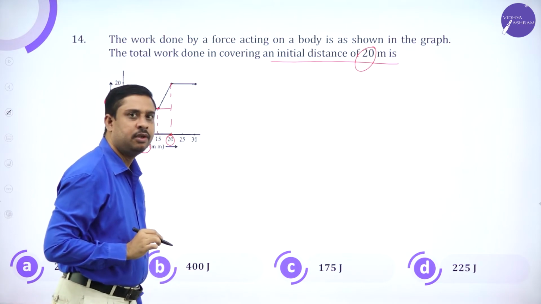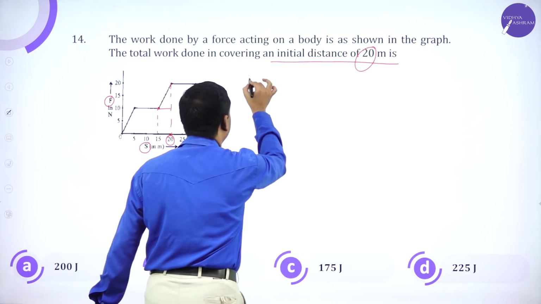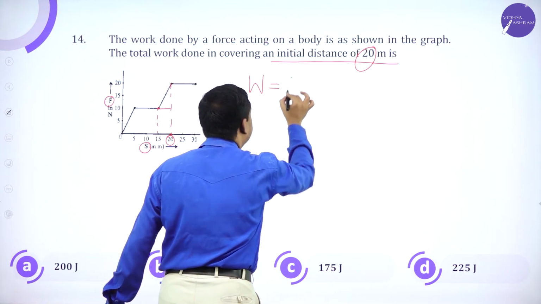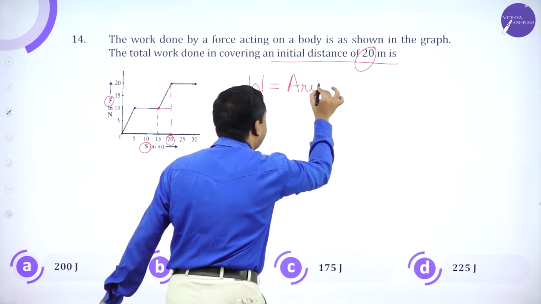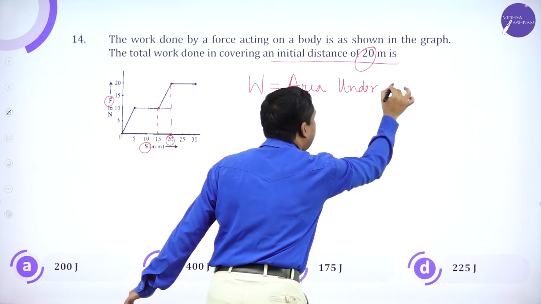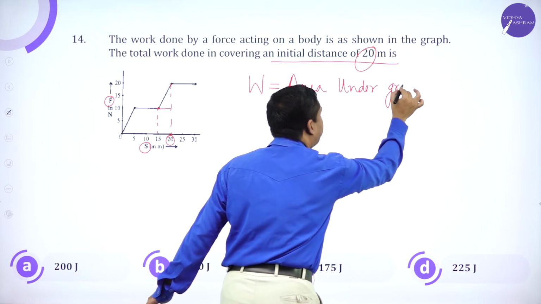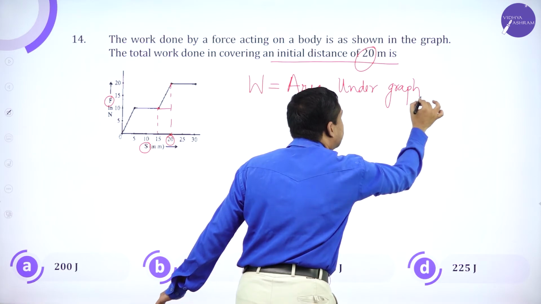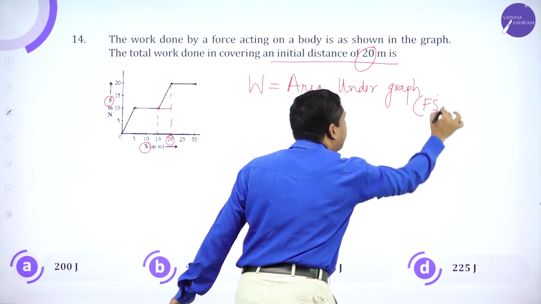Fine. So I told work done is the area under the given graph. The graph is the force displacement graph.